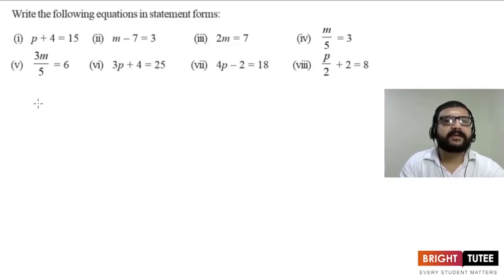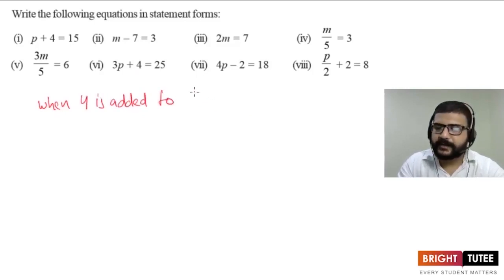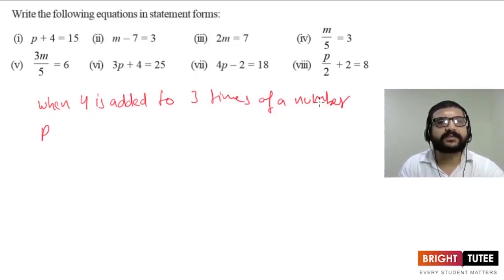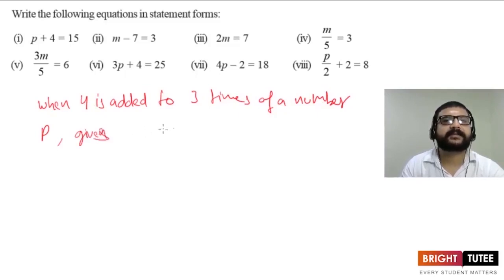So it can be: when 4 is added to 3 times of a number p gives us 25, as we have 3p plus 4 is equal to 25.